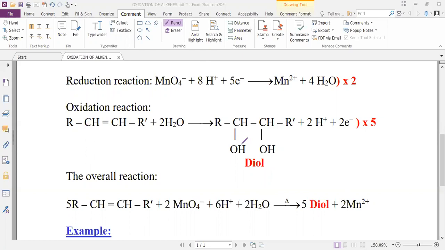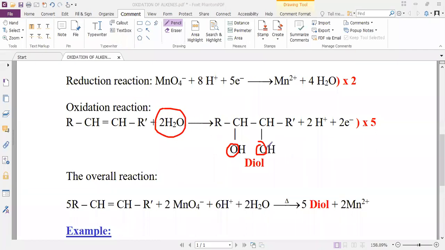In the dialcohol form, here we have one oxygen, and here we have one oxygen, so now we have two oxygen atoms. Two oxygen atoms are balanced by adding 2H2O. Now oxygen is balanced.